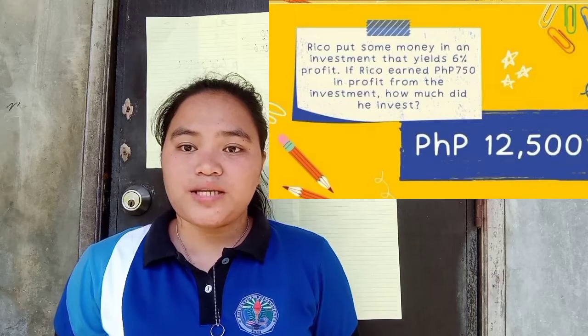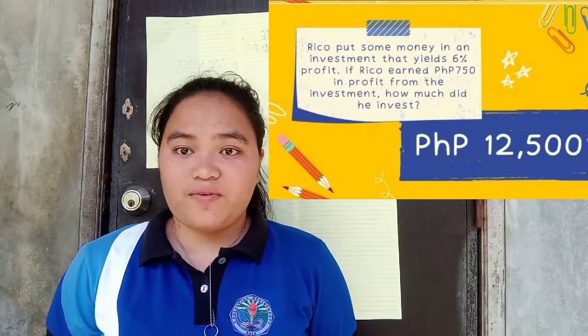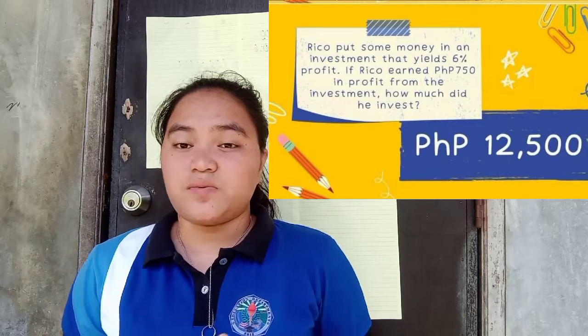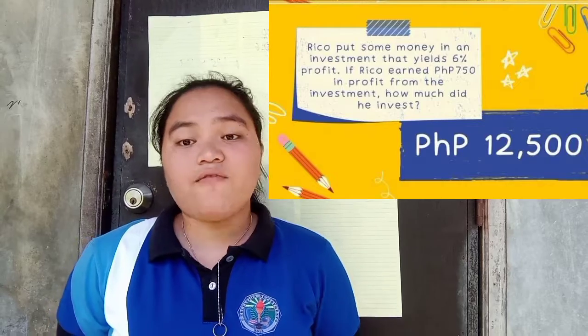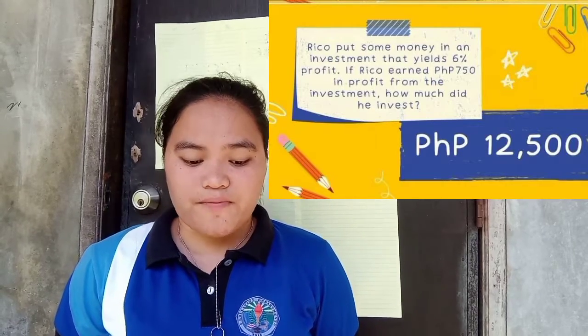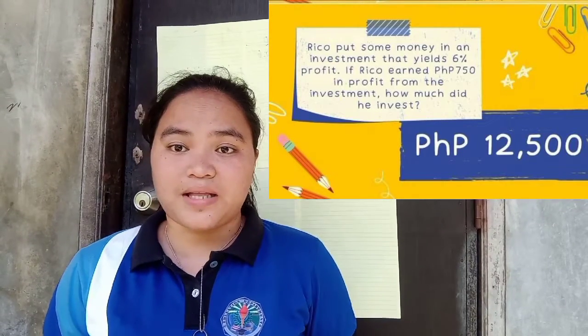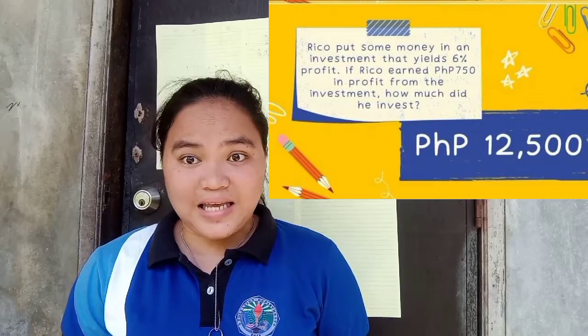Okay, our next question says that Rico put some money in an investment that yields 6% profit. If Rico earned 750 pesos in profit from the investment, how much did he invest? So, like what we did before in our past question, we get the given number.